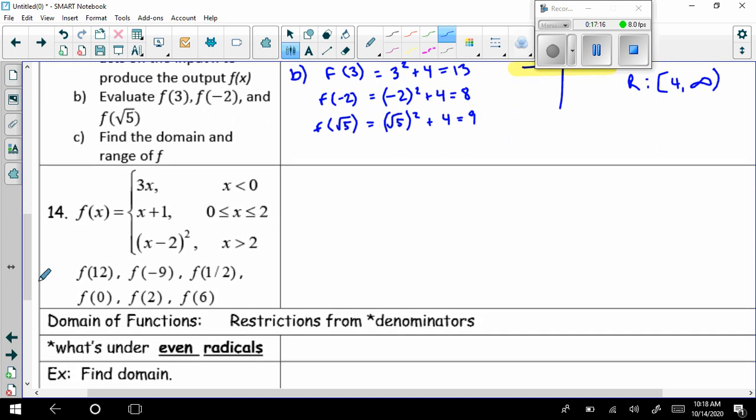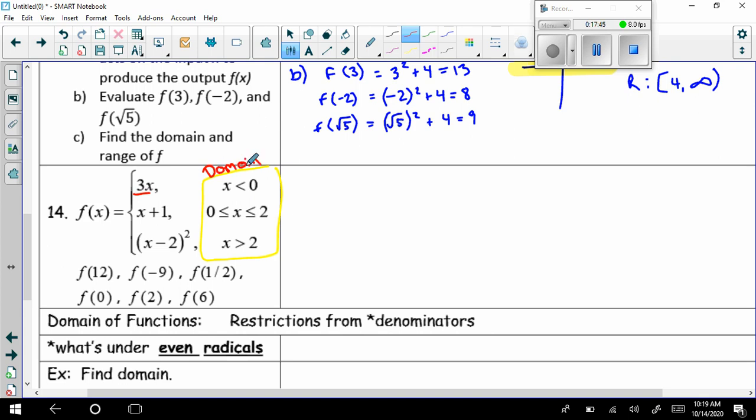Okay. Now this last one, you're evaluating what's called a piecewise function, and a piecewise function has domain restrictions set on it. So these are domain restrictions. Okay, and domain restrictions essentially mean, so for this piece of the graph, all of the x values have to be less than 0.